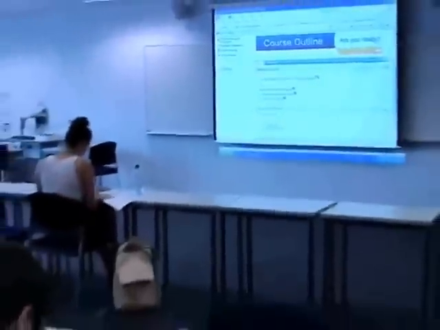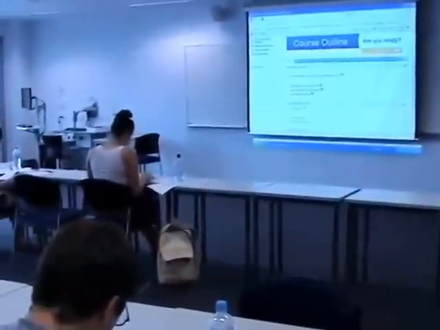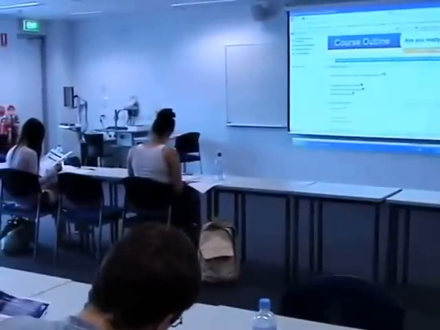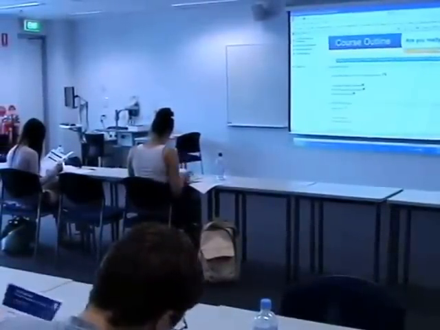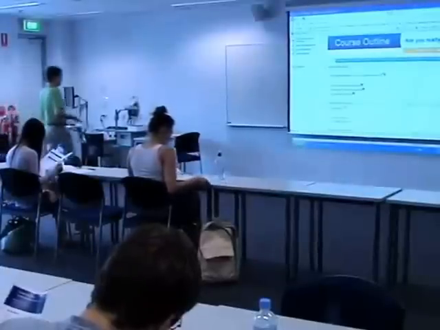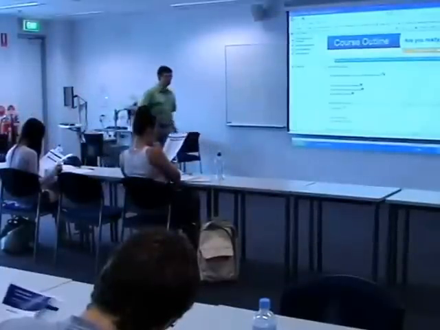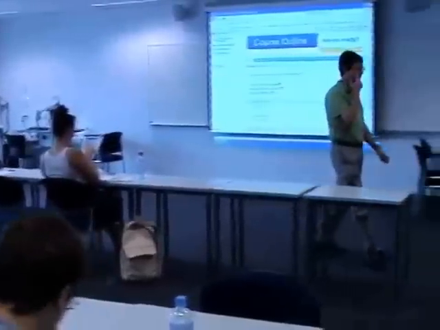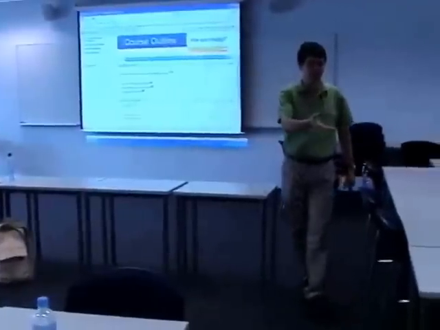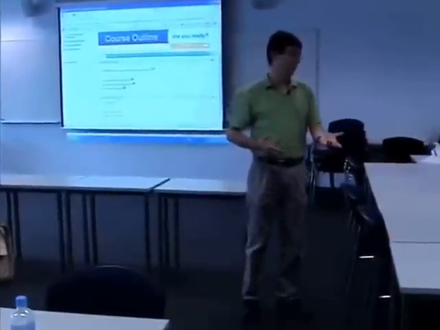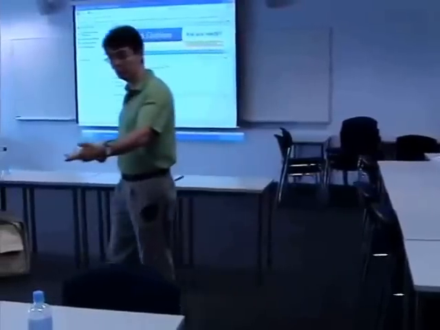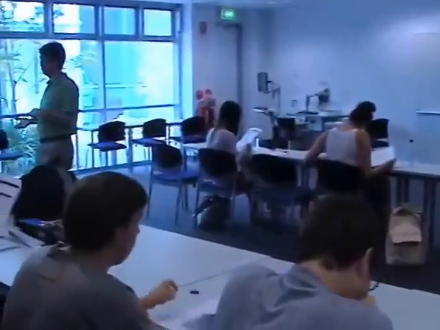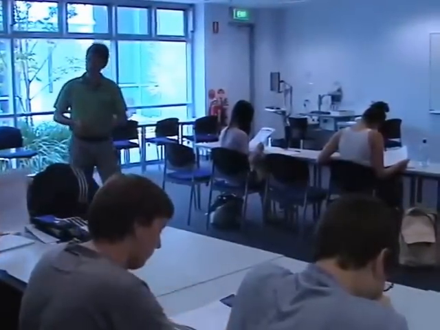You don't have to look at it right now, but it has all sorts of information like when our assignments are due, when I'm going to collect them, when I'm going to give them out to you, how many assignments, quizzes, final exam.